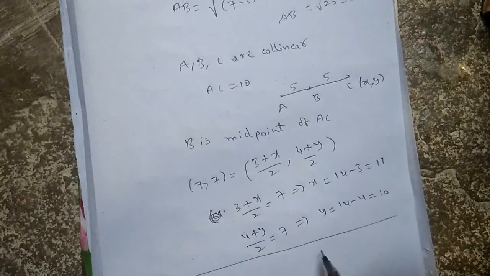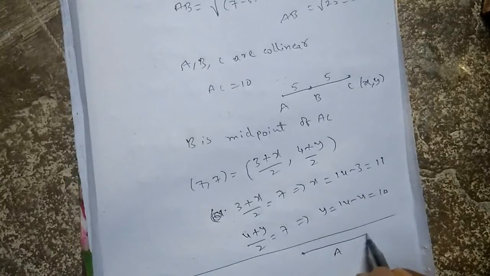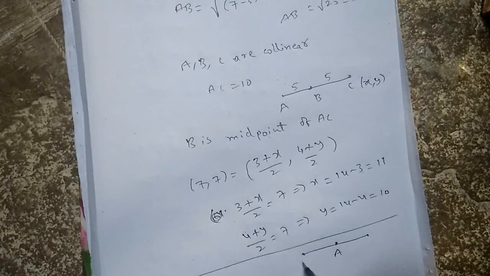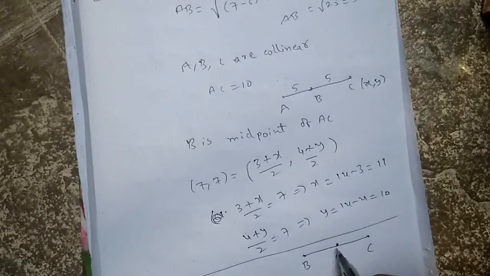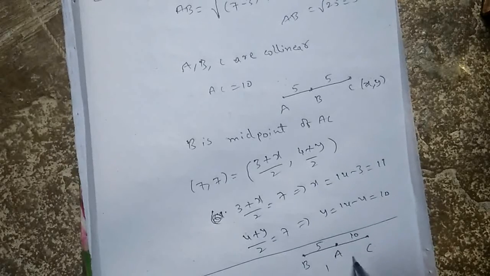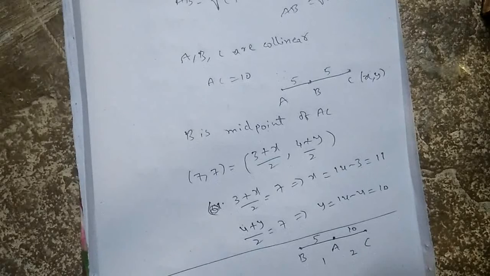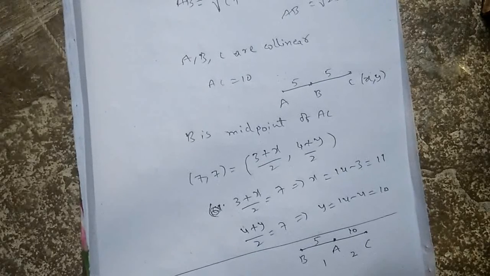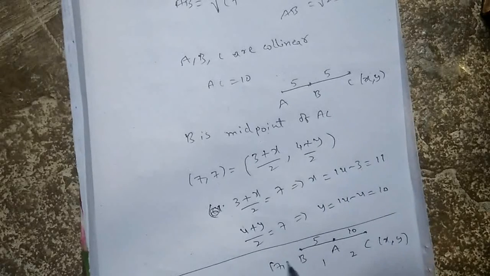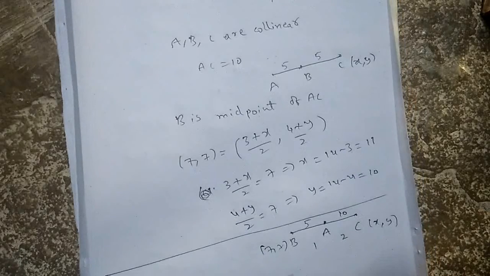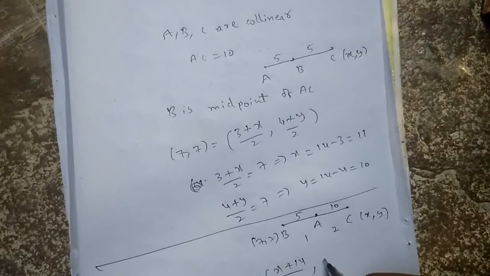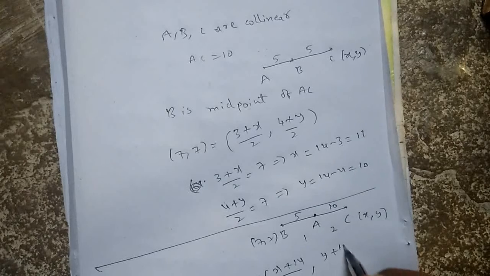Now, if A is the midpoint, with AB being 5 and AC being 10, then the ratio is 1:2. Then the coordinates of A are (3, 4), which is equal to, with C as (x, y) and B as (7, 7), ((x plus 14) by 3, (y plus 14) by 3).